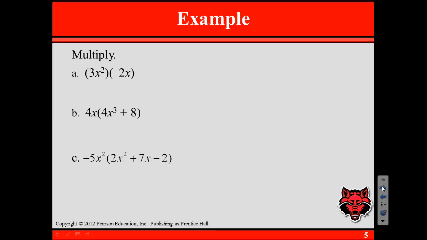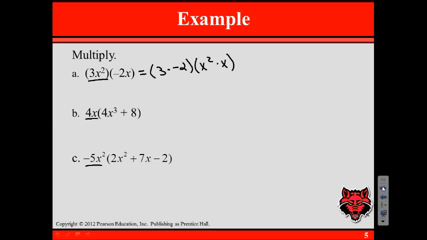In each of these examples, we have at least one monomial. And so we will use the distributive property on parts B and C. Part A, we simply need to rearrange our factors. We have 3x squared times negative 2x. So if we rearrange these, I'll put the constant coefficients next to one another, and the variables next to one another.